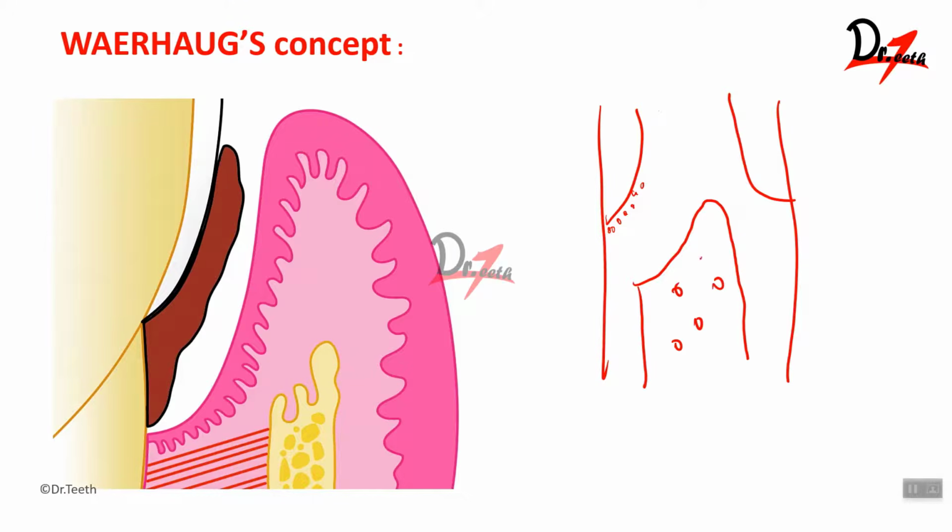So this is the alveolar bone, and this bone forms an angular defect if there is presence of plaque on one tooth and no plaque on the neighboring tooth. So this concept was given by Waerhaug. It was also supported by other authors like Prichard.